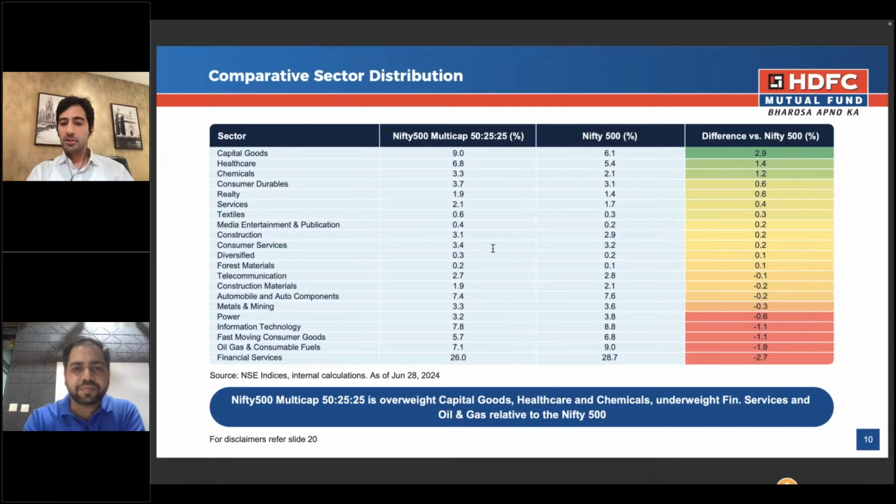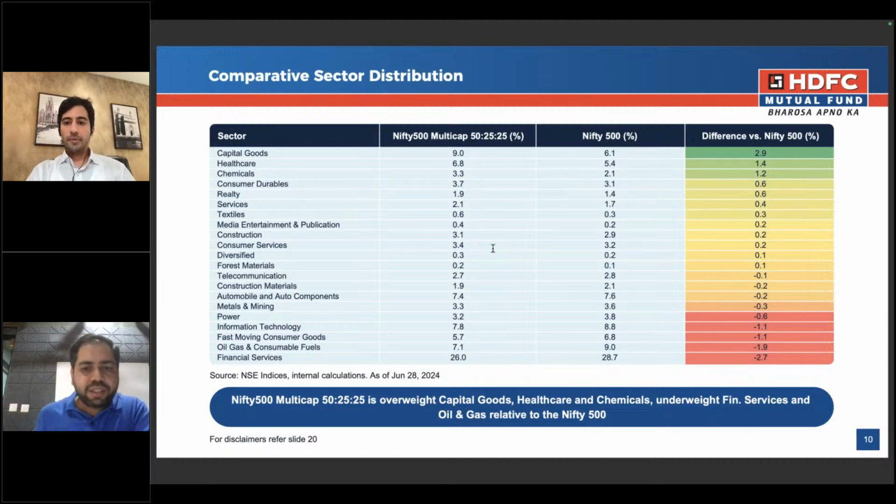A product like this, giving you large, mid, small exposure and exposure to a variety of sectors, over time all these small cycles, like large is doing well, mid is doing well, now IT is doing well, then chemicals is lagging, all this will even out. So that's the core message: the product is designed to be simple. It's not about trying to second guess which sector will do well, mid or small. It's about getting that broad based exposure and staying invested for the long term.